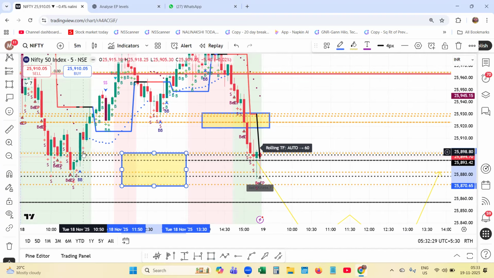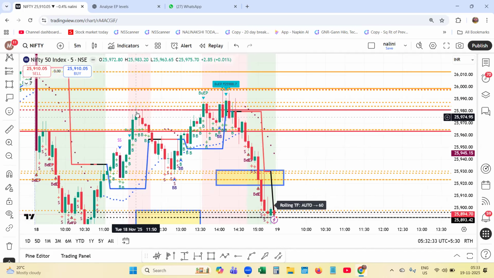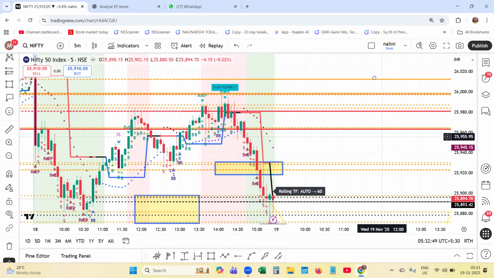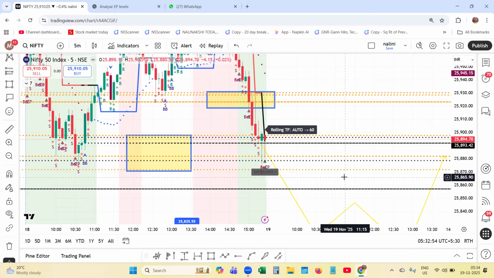When it started crossing, it rallied to the writers area first. It went there and faced resistance, and again it came down, retested this level, and again it made an attempt to go there. That's how you need to analyze these EP lines, which are option chain levels.